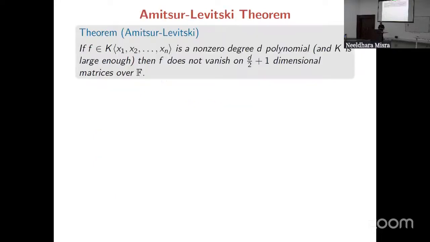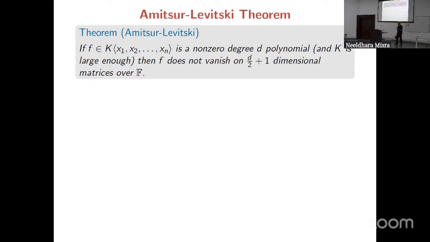Okay, let's go to the Amit-Sulevitsky theorem. So F is a non-commutative polynomial, let's say given by an arithmetic circuit, and let's say the syntactic degree of that circuit is not too large, it's polynomially bounded in the size of the circuit. Then you get a randomized polynomial time identity test because of this theorem.